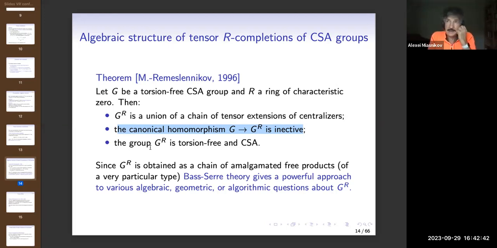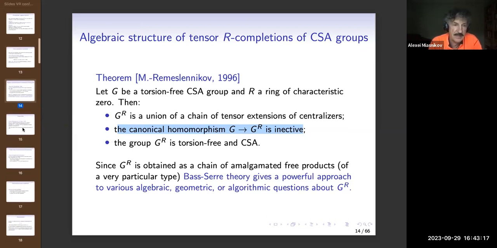When I say it has a nice algebraic structure, it's because every member of this chain is a sequence of iterated extensions of centralizers, obtained by very nice amalgamated free products. So using Bass-Serre theory, you can do a lot of things. You can study various algebraic, geometric, and algorithmic questions about the completion. So it's really nice.